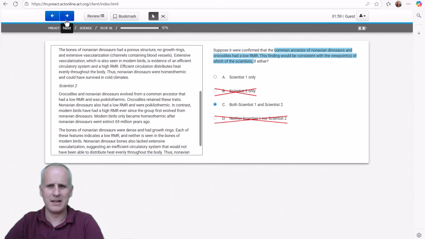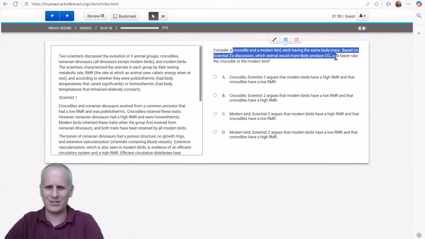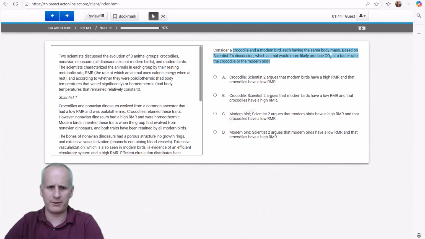We can select choice C and move on to our final question, which is asking us to consider a crocodile and a modern bird each having the same body mass. Based on scientist two's discussion, which animal would more likely produce CO2 at a faster rate, the crocodile or a modern bird? So again, this is going to require a little bit of outside knowledge.